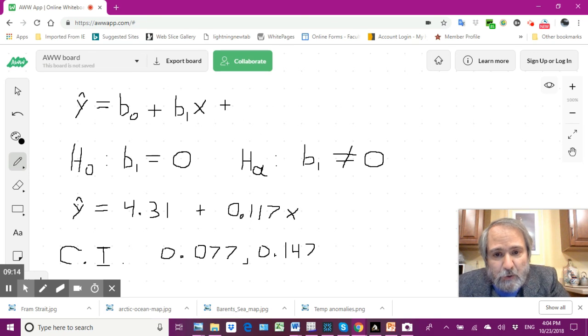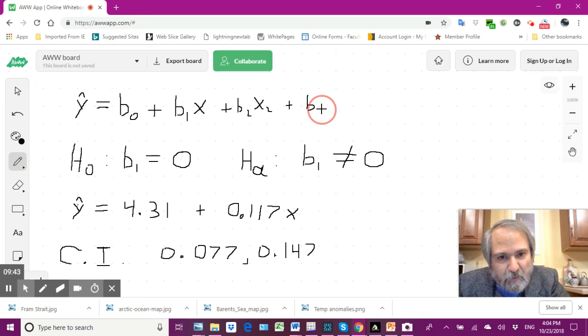Now, of course, I started with a simple one here, but let's say I have B sub 2 and X sub 2. I can perform the exact same test for each of these coefficients. Sometimes you may even have what we call an interaction effect.